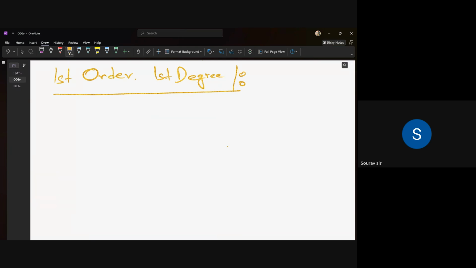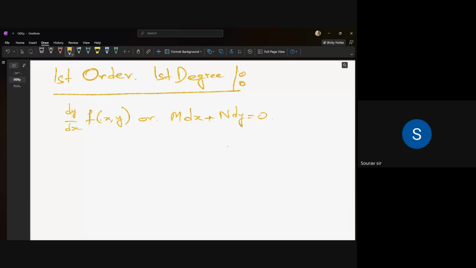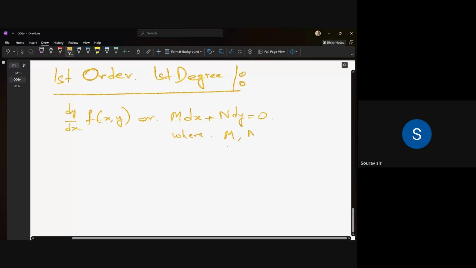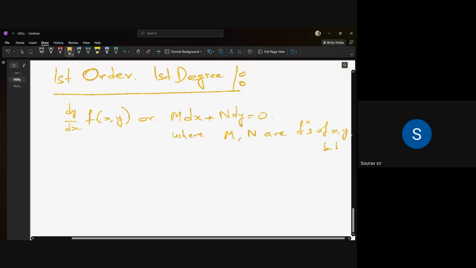A general differential equation of first order and first degree is of the form M dx plus N dy equals 0, where M and N are functions of x and y both.